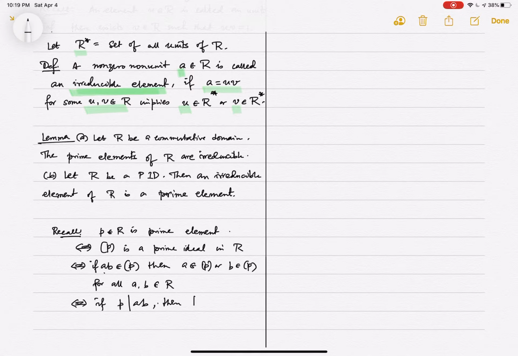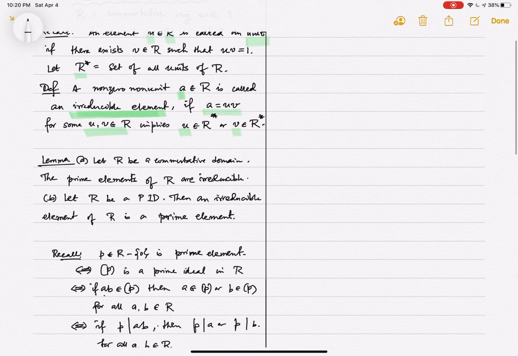Then P divides A or P divides B for all A, B in R. For the last one, I suppose I have to assume P is non-zero. Otherwise this divisibility is a little dicey.